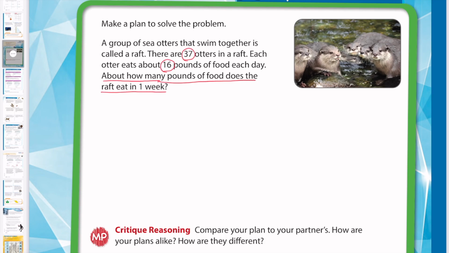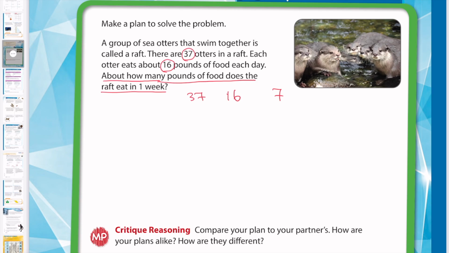All right. We know the information: 37 otters in a raft, and each otter eats 16 pounds each day. And then the question is what? In 7 days, which is 1 week, how many pounds of food does the raft eat?